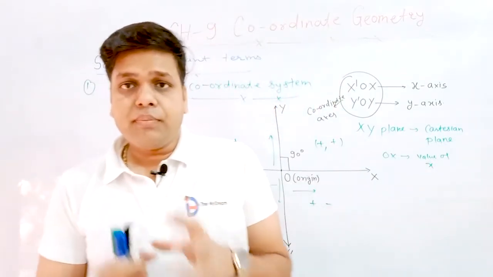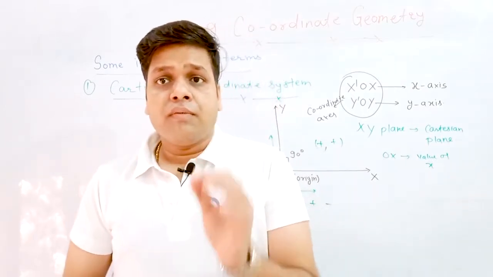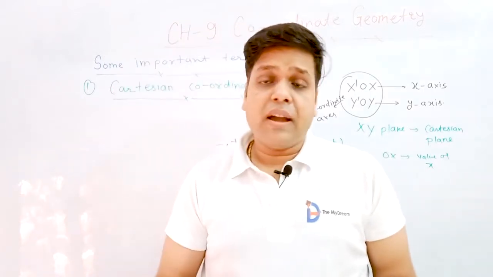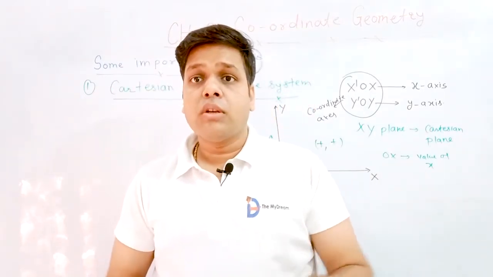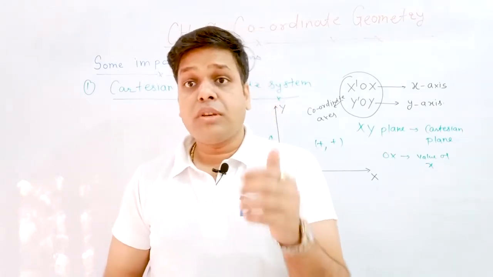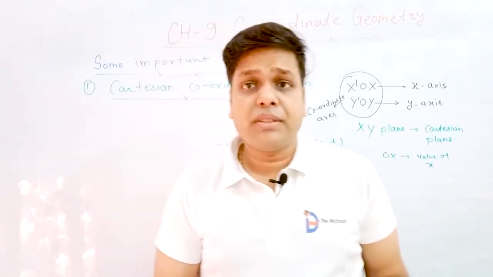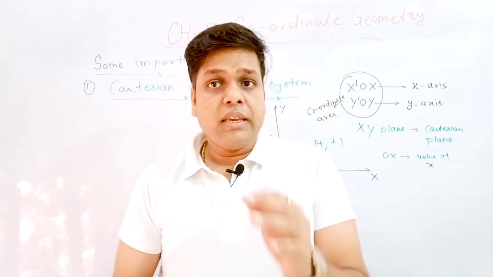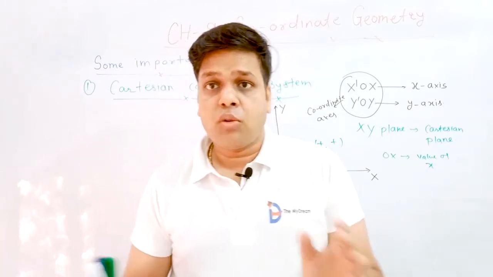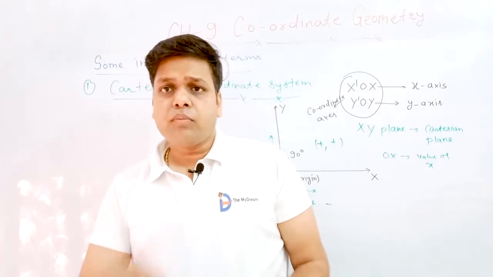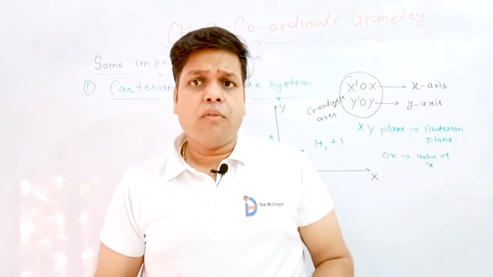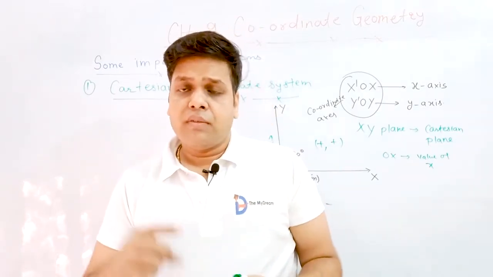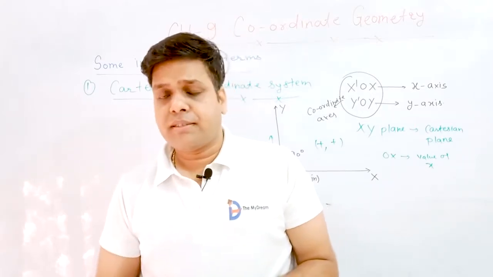So guys, now we are going to start with the position of a point. It means if we define a position, we have to categorize it, we have to represent it. How do we represent the position of a point in the Cartesian plane? Here we follow a specific rule. To locate the position of a point in a 2D plane, we have to mention its two coordinates.